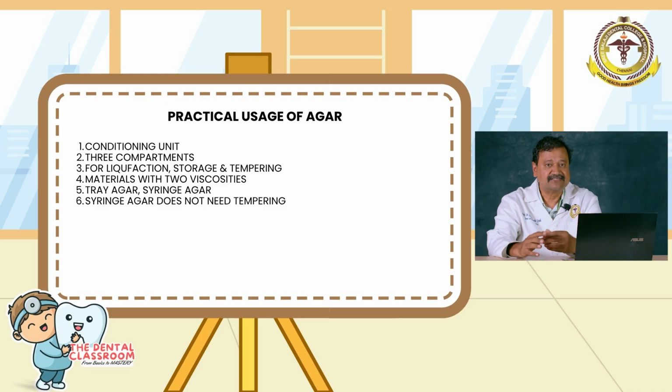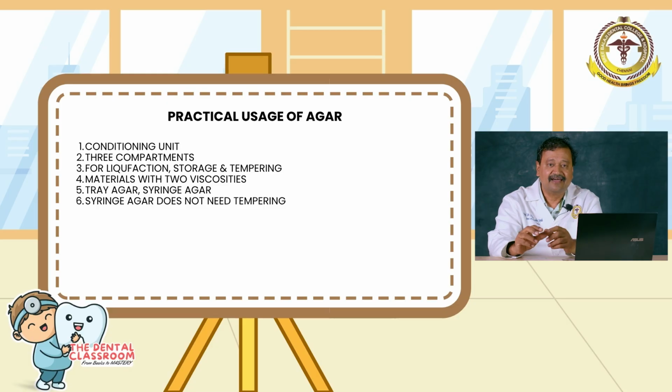Materials with 2 viscosities are used to make impression. One is called tray agar, the other one is called syringe agar. Obviously, the syringe agar has got less viscosity and more flow, okay? Whereas the tray agar has got more viscosity and comparatively lesser flow.